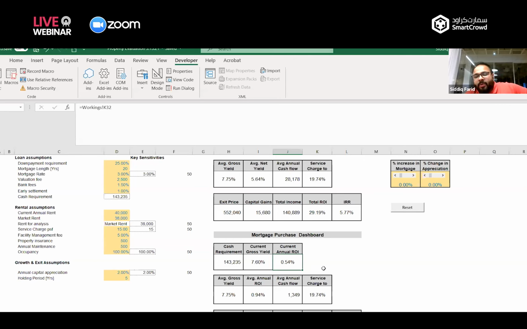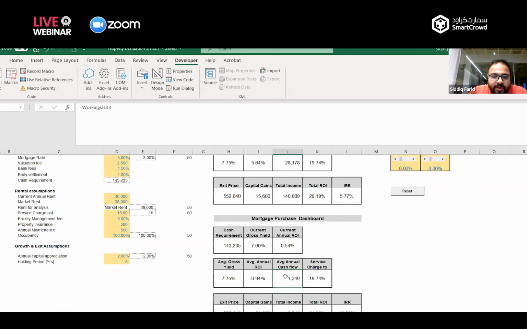Yes, the principal that you're paying to the bank is being built up over time as your savings, but in terms of cash coming into your pocket today is very little. As you can witness over here, the average cash flow over that 5 year period is only 1,300 dirhams. So you invested 143,000 and you're only generating 1,300 dirhams in your pocket every year, less than 1%. You might as well keep that money in the bank, and you probably can get a little bit more, and it's more liquid.